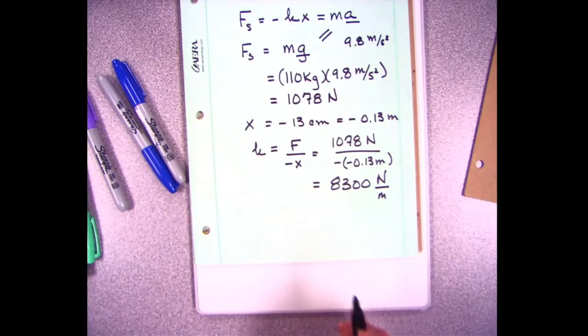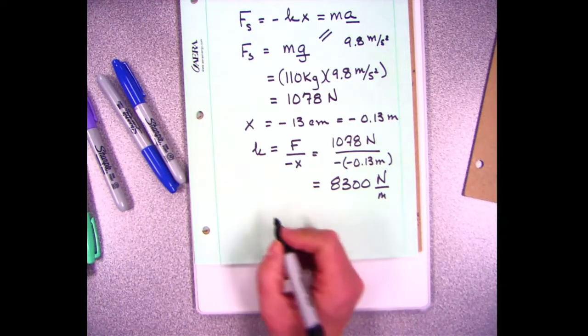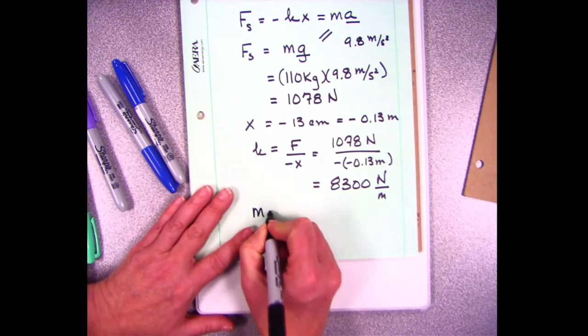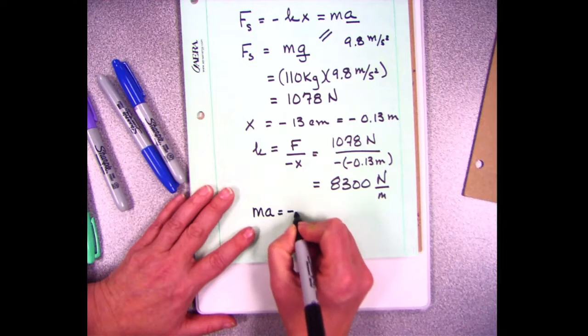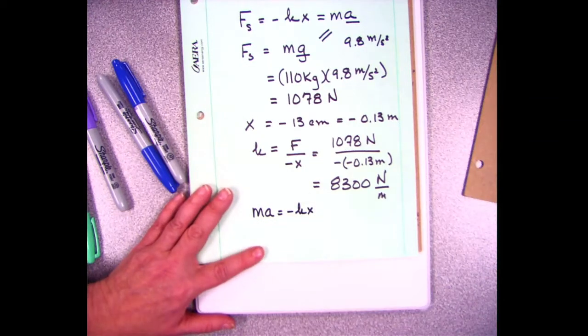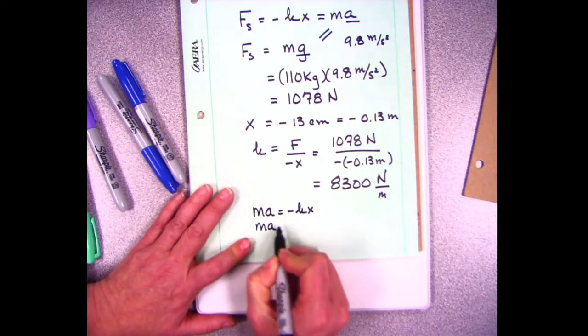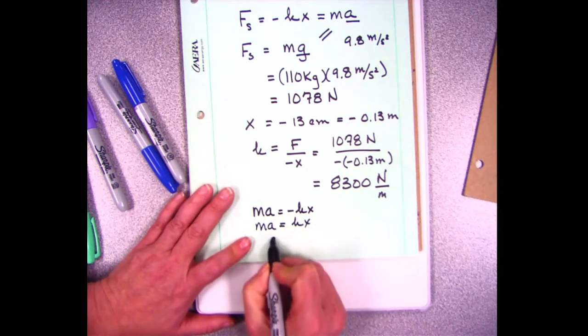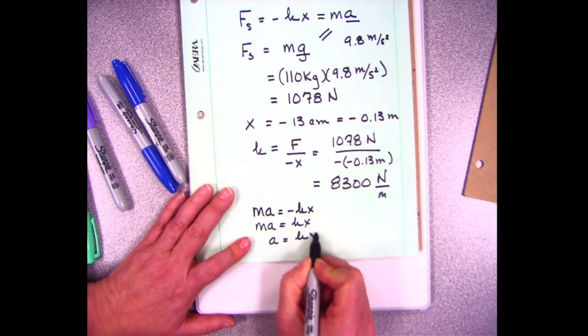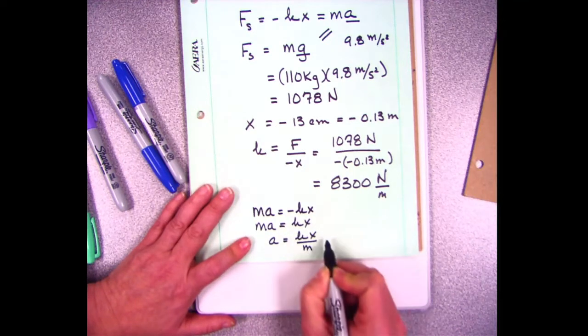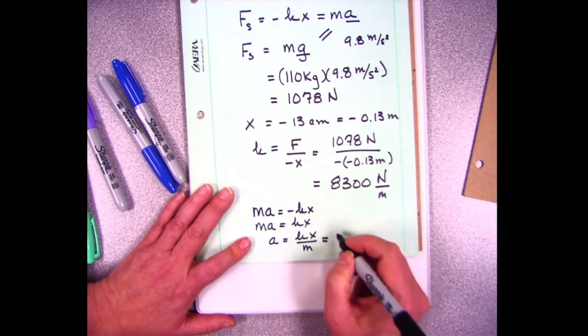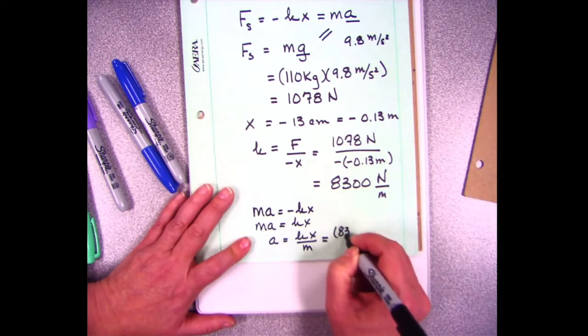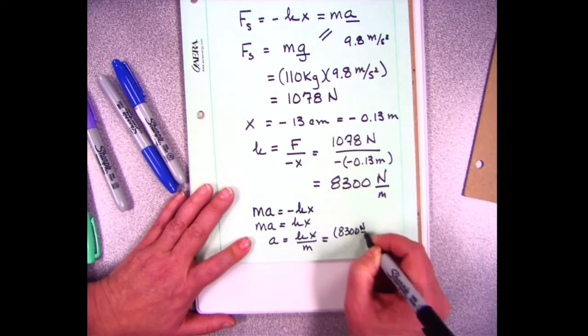But let's go ahead and do the calculation. I've got ma equals negative kx. I'm only concerned about the magnitude, so ma equals kx, and my acceleration is kx divided by m. My k is 8,300 newtons per meter.